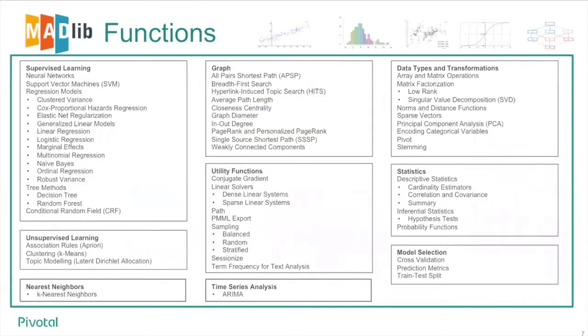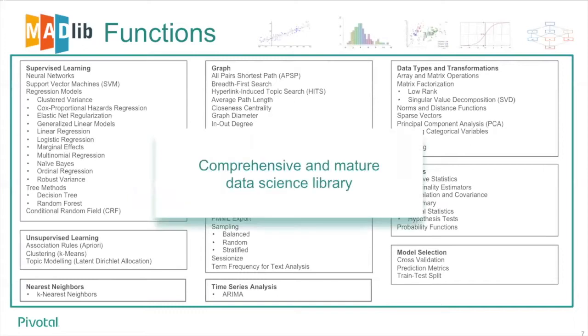There are more than 50 machine learning, graph, math, and stats functions in MADlib. You may see some that you recognize here, things like logistic regression, decision trees, neural nets, k-means clustering, etc. It is a comprehensive and mature data science library, and we've seen it used to solve for a whole variety of real-world use cases.